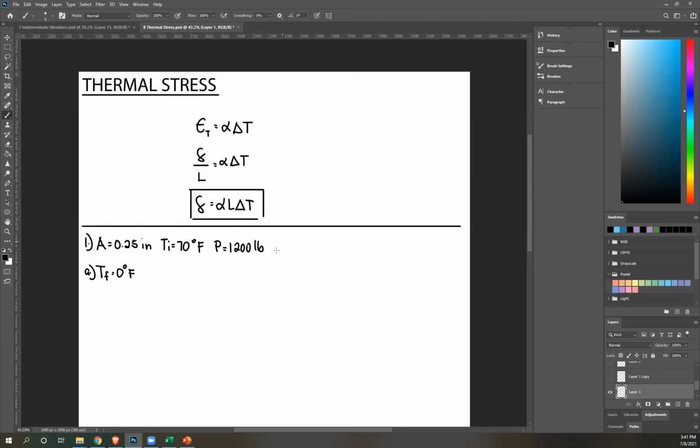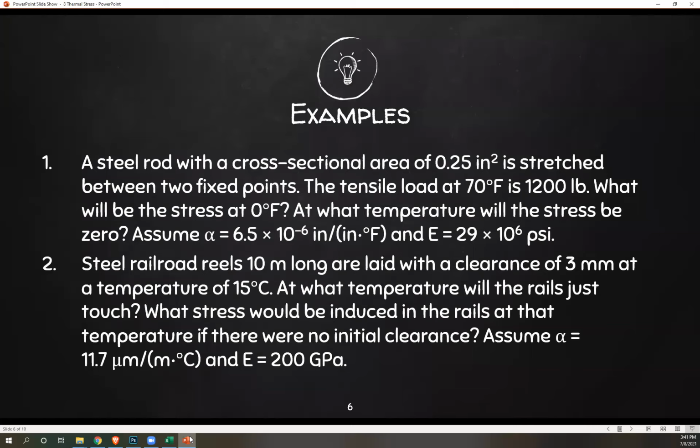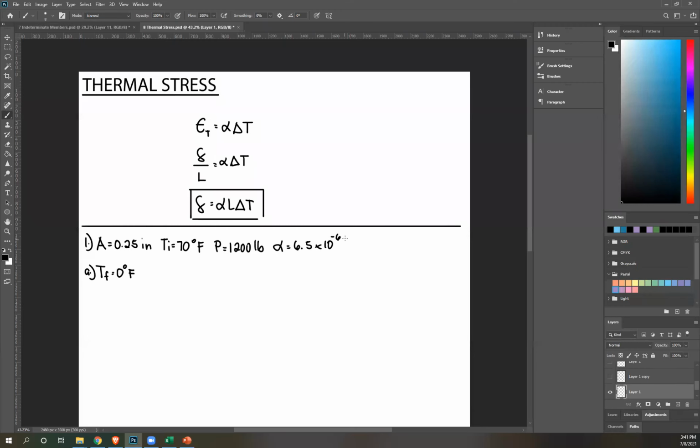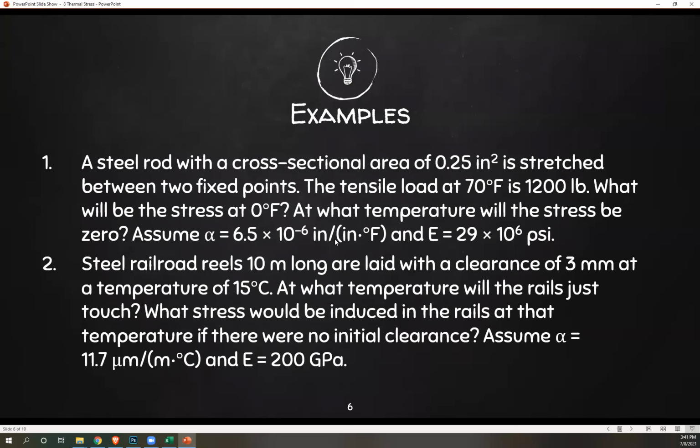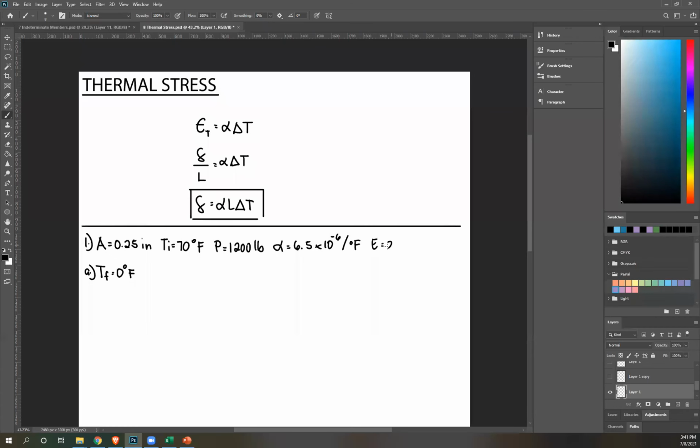Okay. Another thing that's given is your coefficient of thermal expansion, 6.5 times 10 raised to negative 6 per degree Fahrenheit. You can just write it as that, or inch per inch degree Fahrenheit. Then E is 29 times 10 raised to 6. Now take note, our unit for E, psi, so therefore standard unit is pounds and inches. Okay, so let's begin.